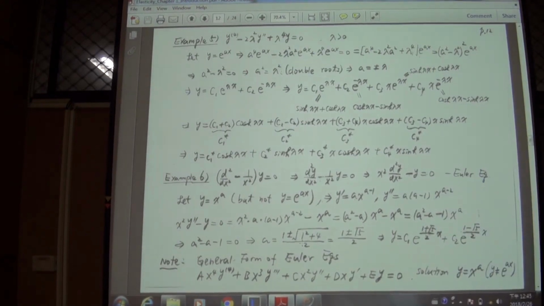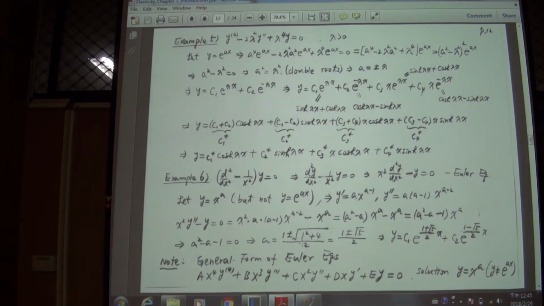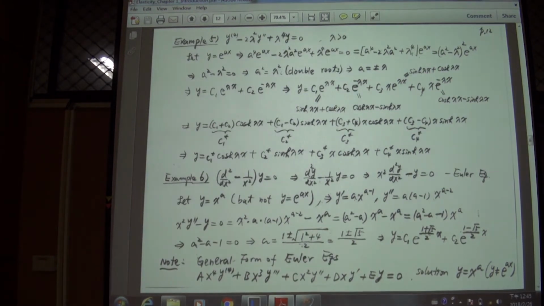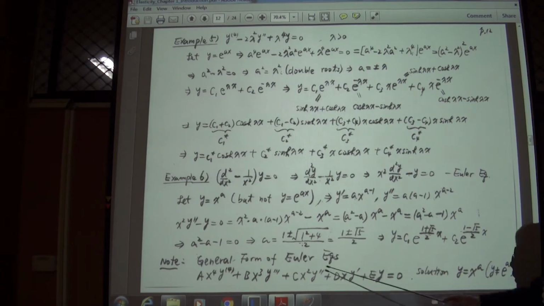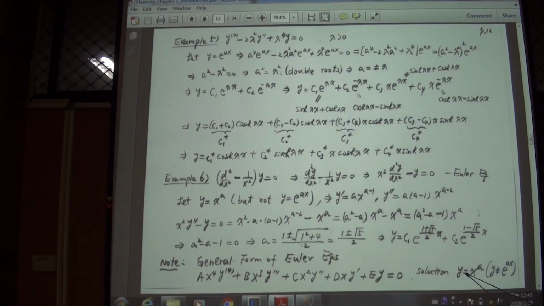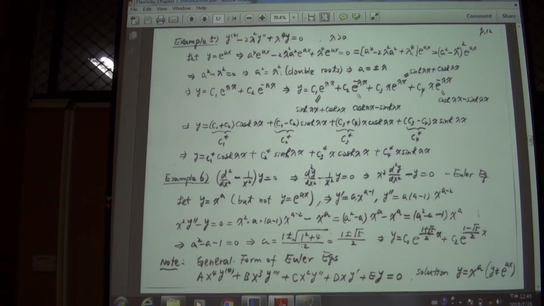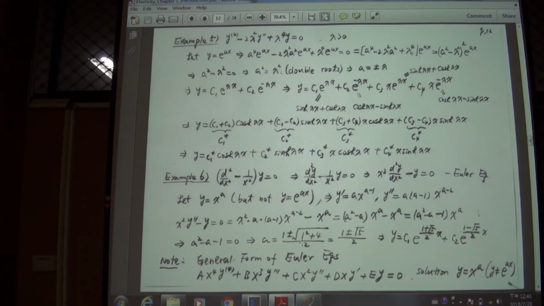And the special property is this. If you have an Euler equation, you should let your solution be y equal to x to the power a, not y equal to exponential ax.